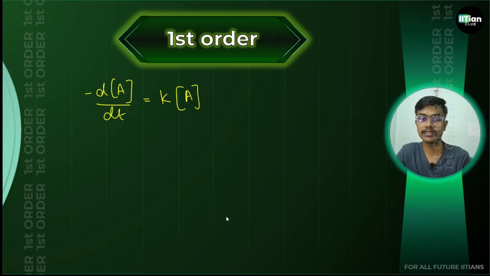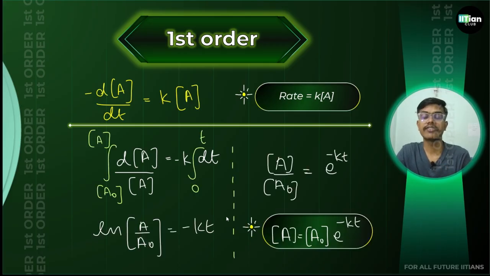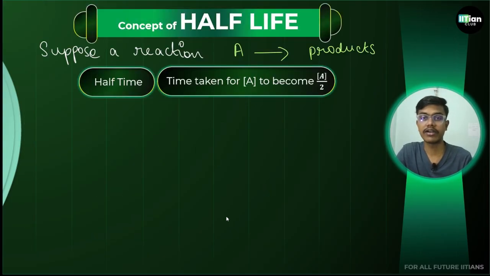Next up, we have first order reaction, and when you do all the integrations, you will get the final expression as concentration of A is equal to initial concentration multiplied by e to the power minus KT. And next is the concept of half-life. It tells us the time taken for initial concentration of A to become half of it.